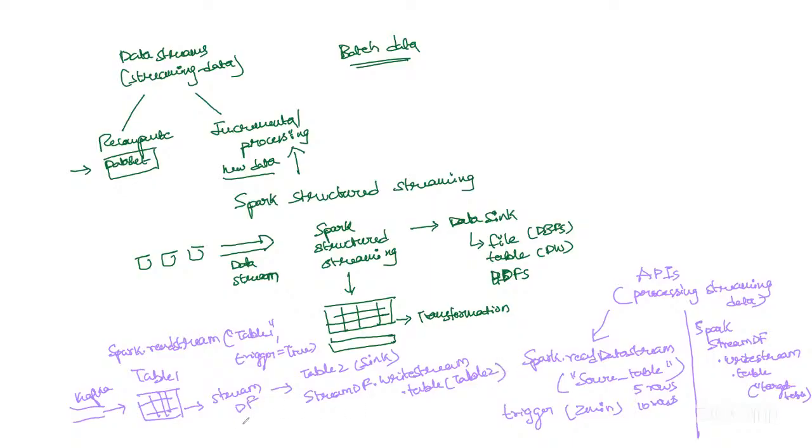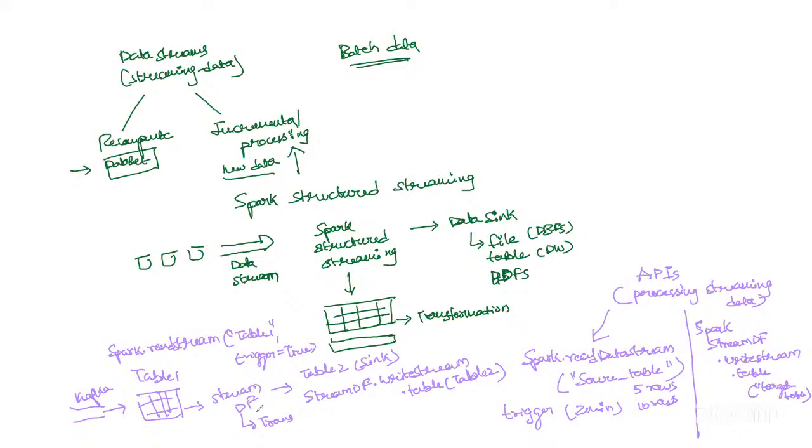Now in between, you can apply your transformations on this stream data frame. If you want to average, aggregate, clean the data as it comes, do some rolling averages, summarize the data, these kinds of transformations you can apply in between on this data frame.